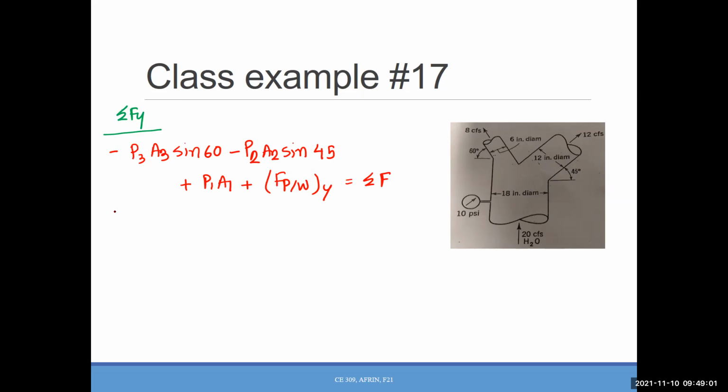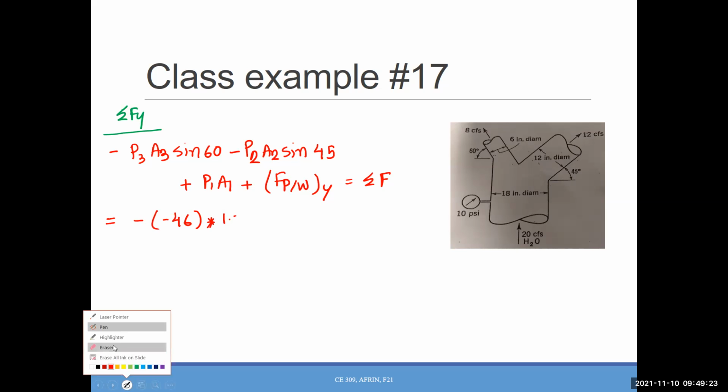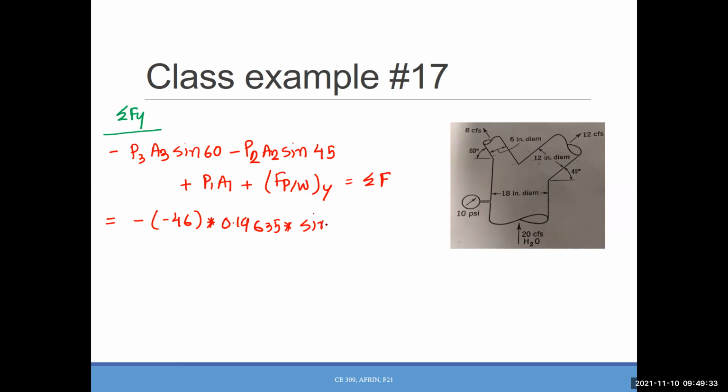Summation of, okay. So P3 was negative 46. A3 was what? Negative 0.19635. 0.19635 sine 60.